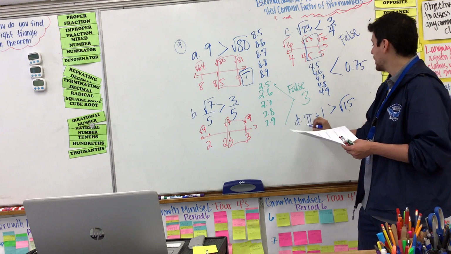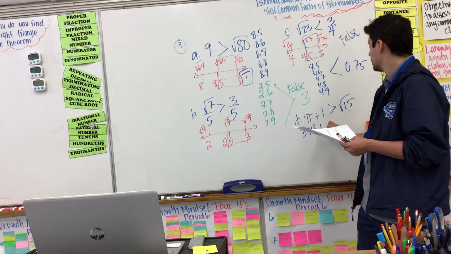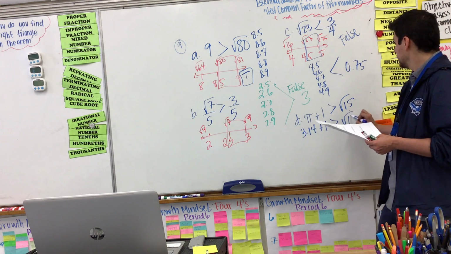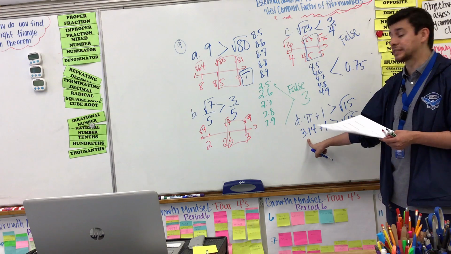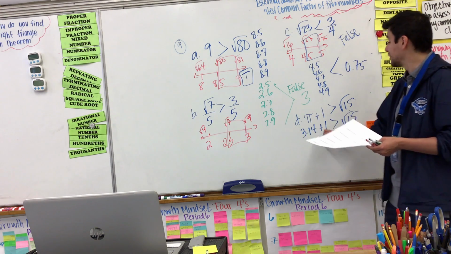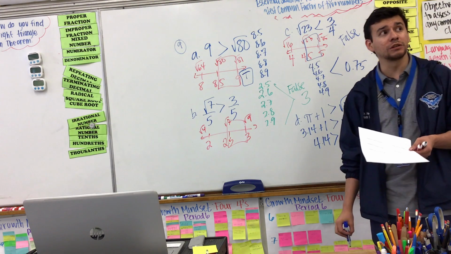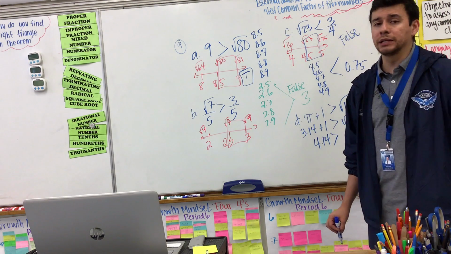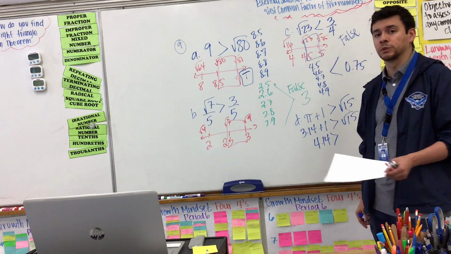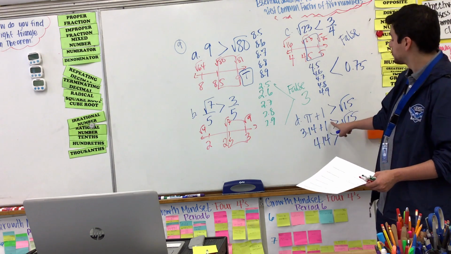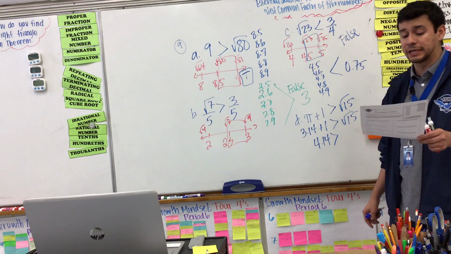Well, I know that pi is 3.14. Okay? 3.14 plus 1 should give you 4.14. If you said it was 3.15, you added wrong. That's not how you add decimals. It's 3.14 plus 1 is 4.14.